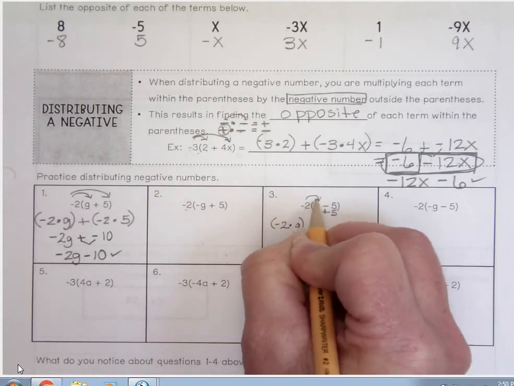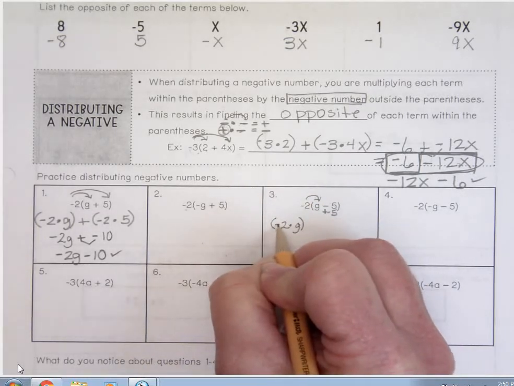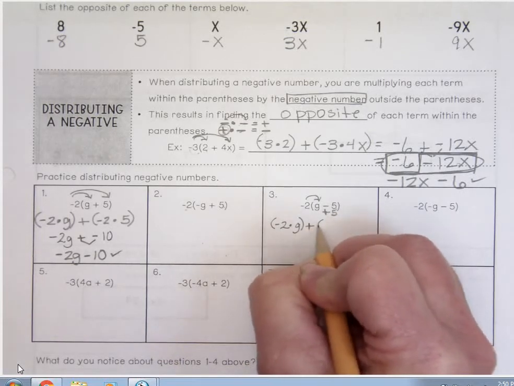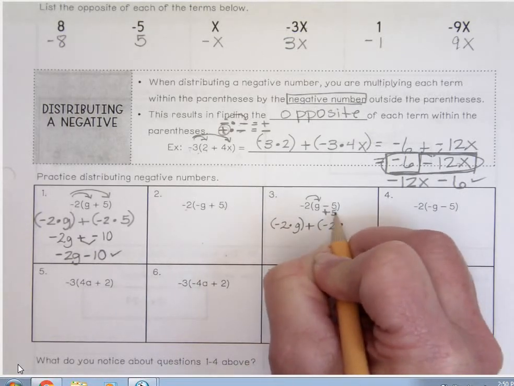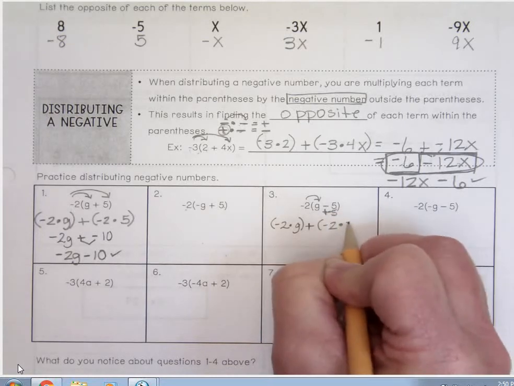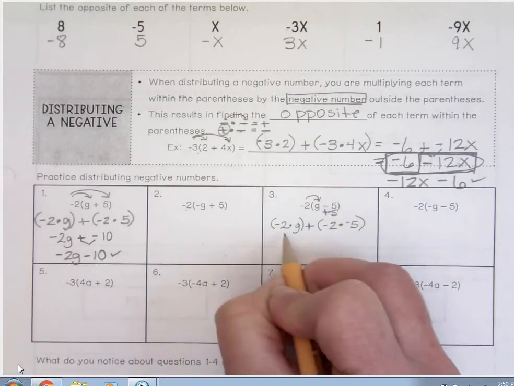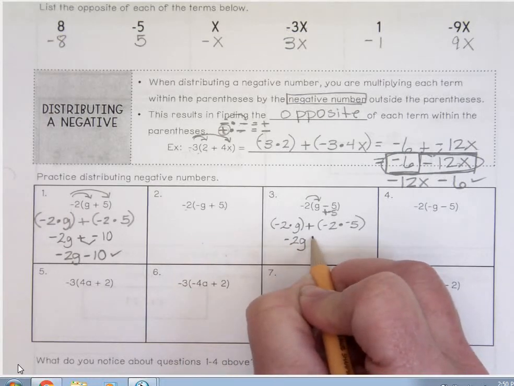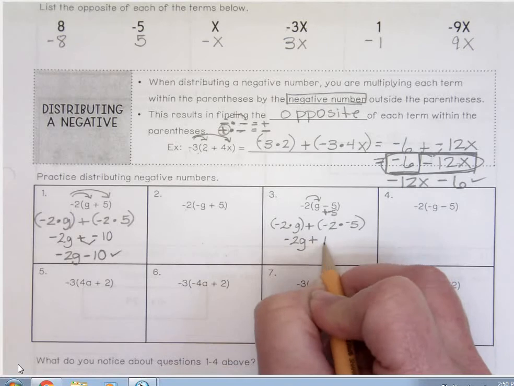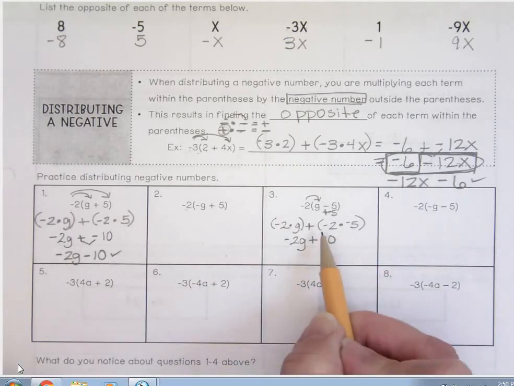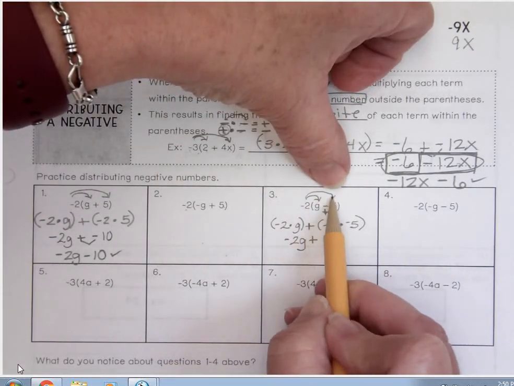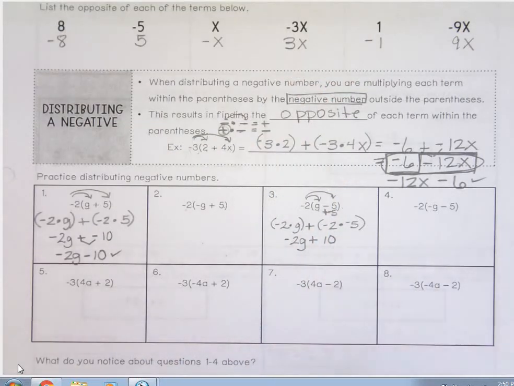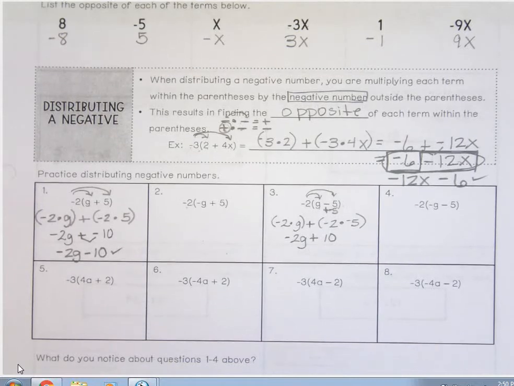Following our same process, negative 2 times positive g, and negative 2 times negative 5. As we simplify, we get a negative first term and a positive second term. And we're noting that before we start. Always nice to know what your final solution is going to resemble before you begin.